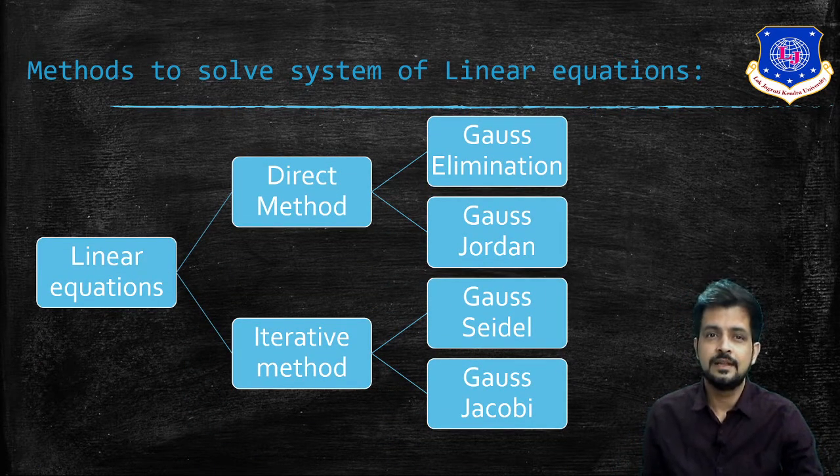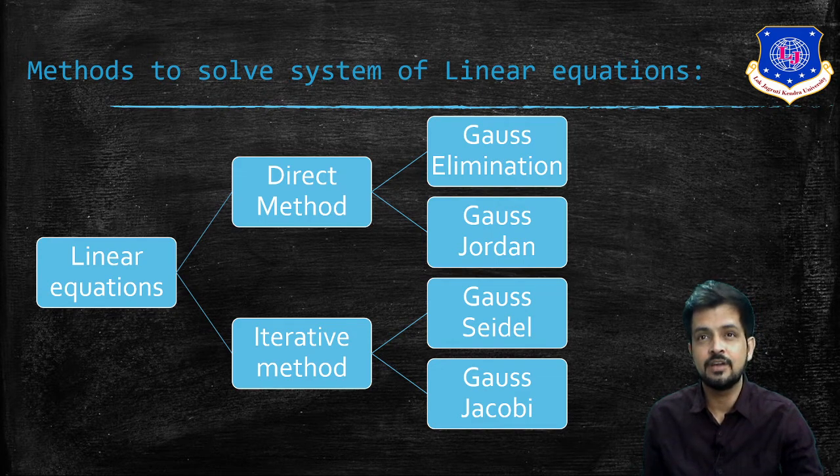Now let us see the classification of the system of linear equations. How can we divide the methods to solve the system of linear equations? There are basically two types of methods: direct method and iterative method. What is done in the direct method?